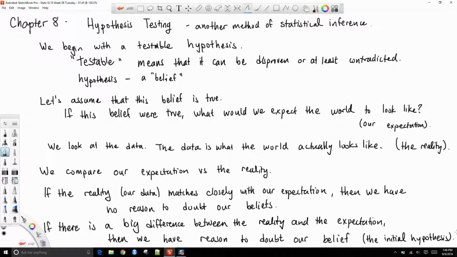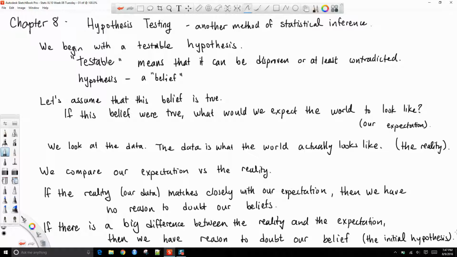On the other hand, if the data that we observe is quite different, then we have reason to doubt these beliefs, okay? So then there's this question of how do we know when our reality matches closely with the expectation versus how do we know when there's a, quote, big difference between the reality and the expectation, right?